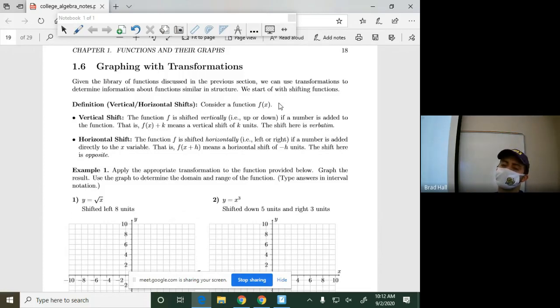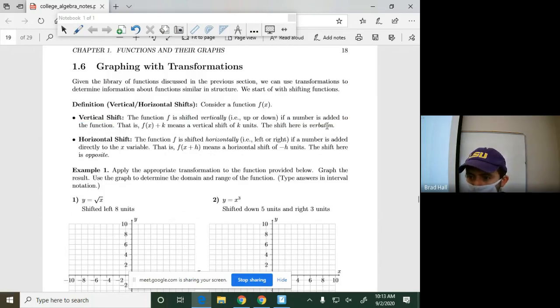So how does that translate algebraically? If you want to take a function and shift it up or down, you simply add that number to the function. If you want to shift a function up 2, you add 2 to the function. So if a number is added to the function, that will give you up or down. If you subtract 3 from the function, then guess what? You're shifting it down by 3. So that's it.